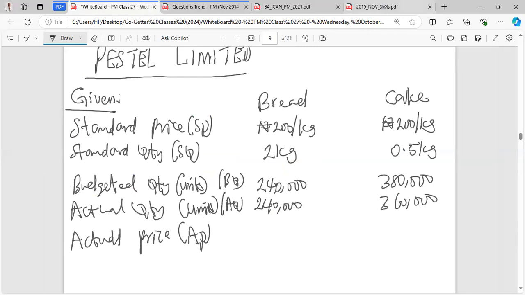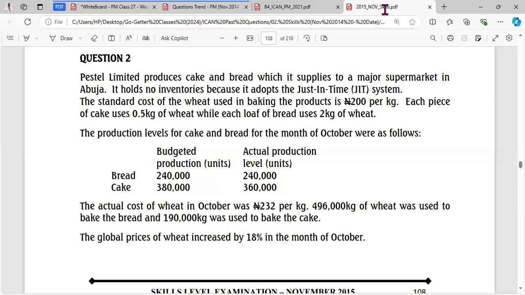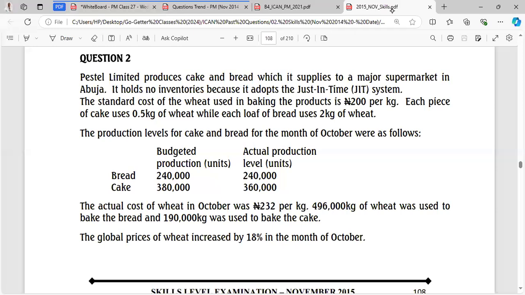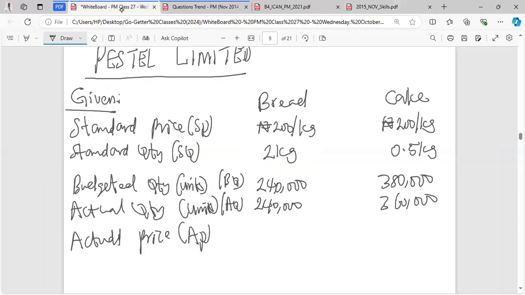How much is the price here? 232 naira per kg. So I'll come here, 232 per kg. Since it's the same weight, it is 232 per kg.